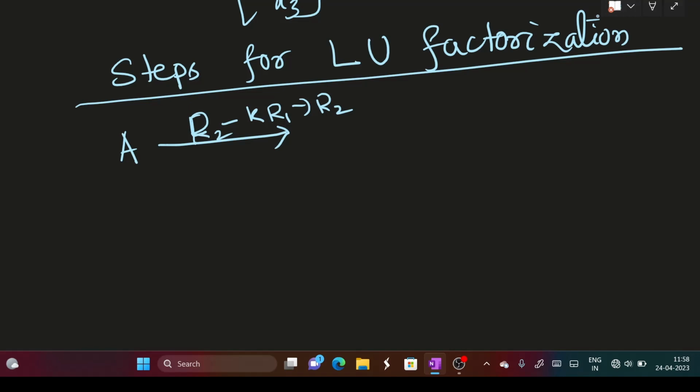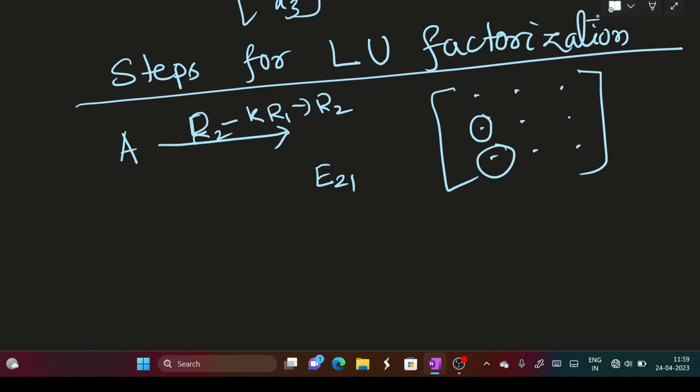We will have three operations defined on it. My A has entries 1, 2, 3, 4, 5, 6, 7, 8, 9. First I will make an entry 0 using elementary matrix E21. Then I will make another entry 0 using elementary matrix E31. Then I will make this entry 0 using elementary matrix E32 on A to get an upper triangular matrix.